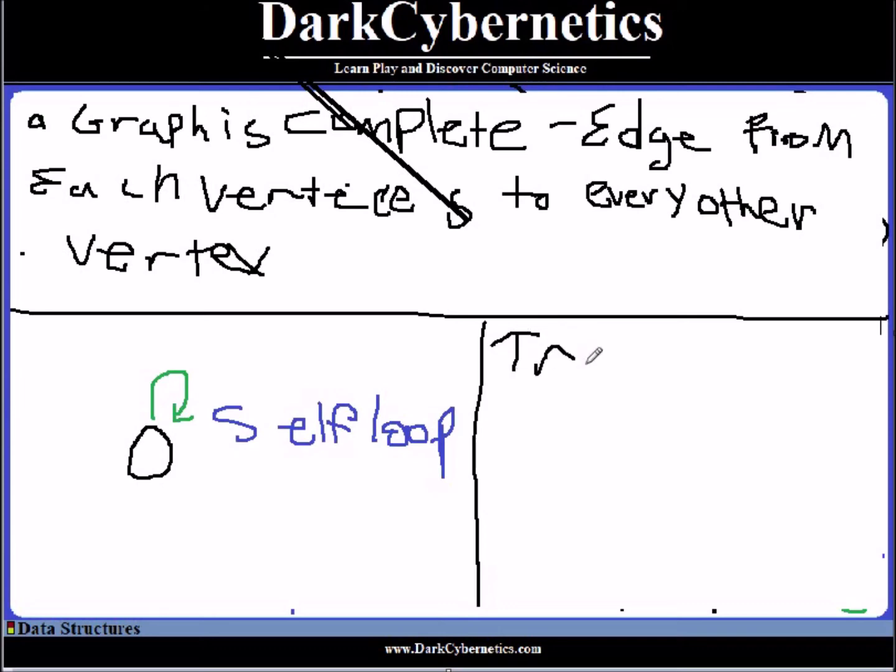And we can also have tree structures from graphs, where we have nodes and they only go one direction. Very familiar term. We've seen this before, so we can just skim over this.